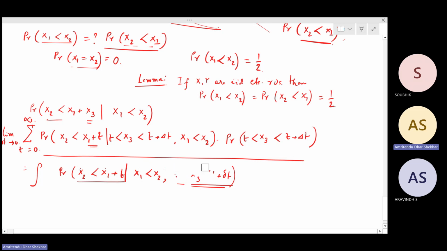And so I'm going to erase this. This is independent of this conditioning. So we write this times the probability of x3 between t and t plus delta t. As delta t tends to 0, that is equal to the probability density function of x3.